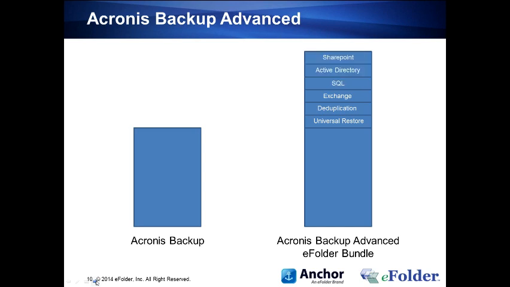In this software bundle, it includes, without any additional cost above the $60 per server per month, all of the core add-on capabilities, including deduplication, universal restore, Exchange granular recovery, SQL granular recovery, and Active Directory and SharePoint granular recovery. So this is the most complete software bundle you can get from Acronis.